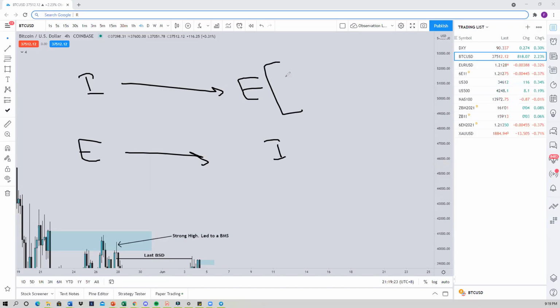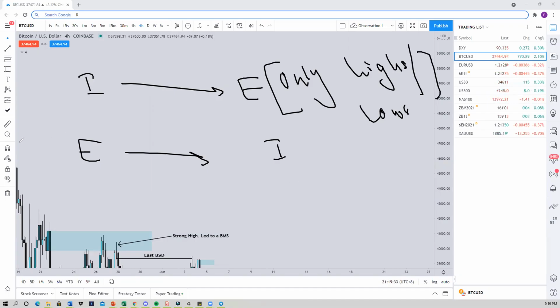External range is only highs and lows. And then we go from the same thing here. Internal to external, external to internal.